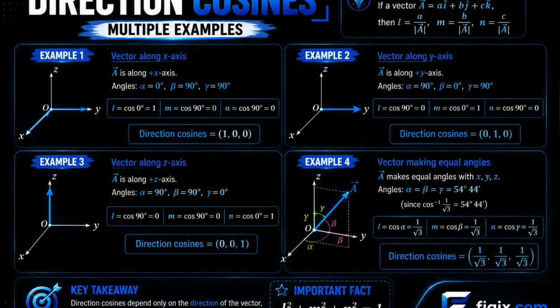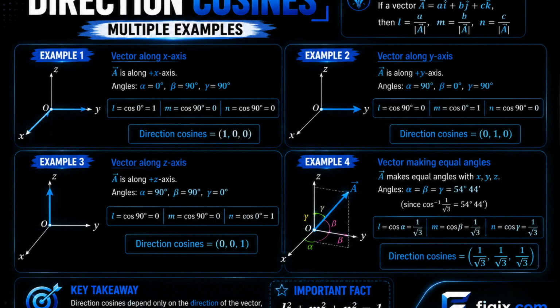So L squared equals 1 divided by 3, and therefore L equals 1 divided by square root of 3. Since L, M, and N are equal, we obtain L equals 1 divided by square root of 3, M equals 1 divided by square root of 3, and N equals 1 divided by square root of 3.